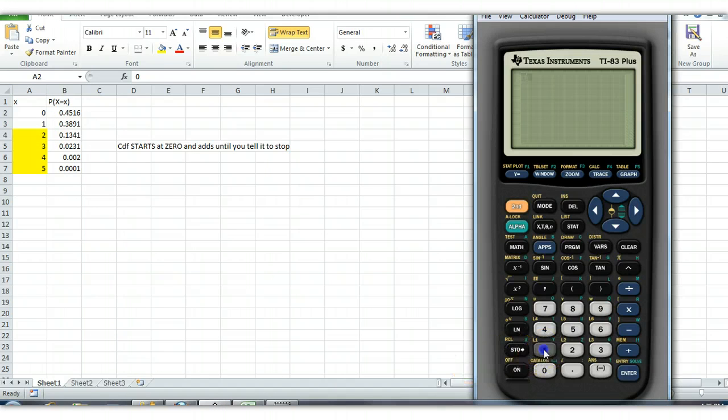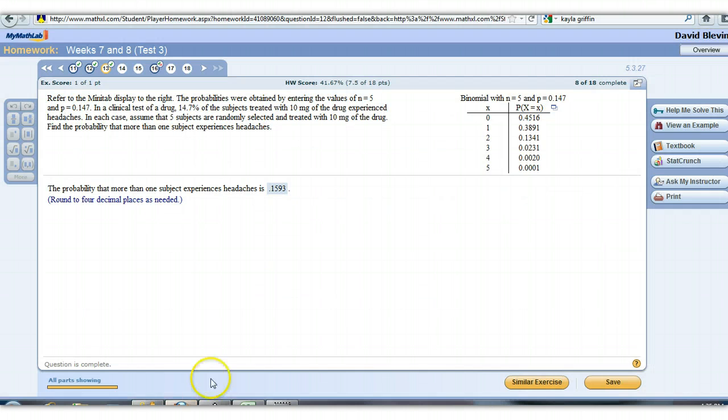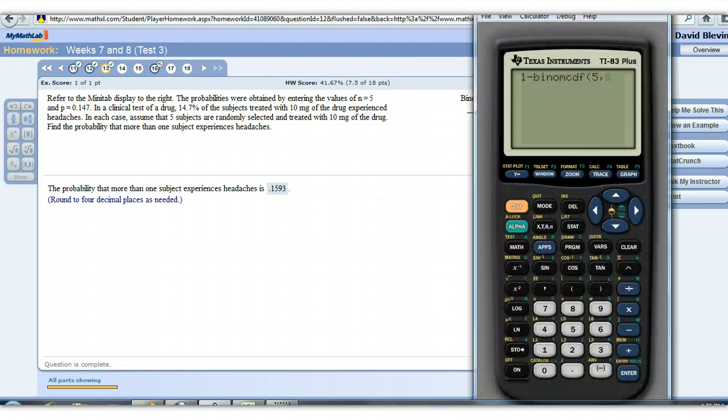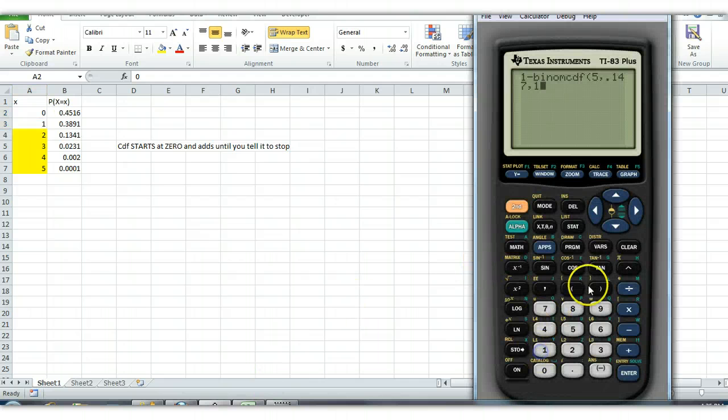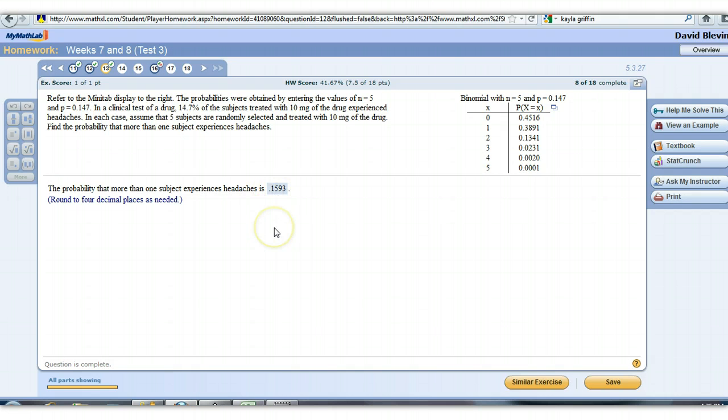So what I mean by that is 1 minus the CDF, N is 5, P was 0.147, and where do we want you to stop? We want you to stop at 1. Right? We want you to go from 0 to 1. Stop there. We'll subtract that from 1, and that'll leave us with the other 4 numbers. Alright, again, what do we get? 0.15928. So to 4 decimal places, that rounds to 0.1593.